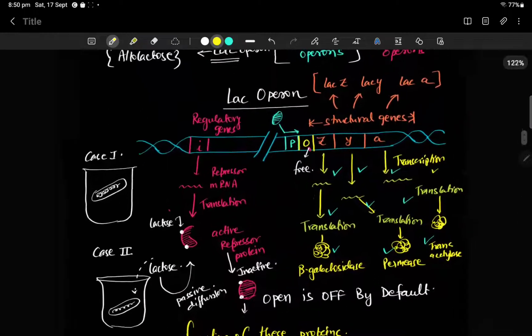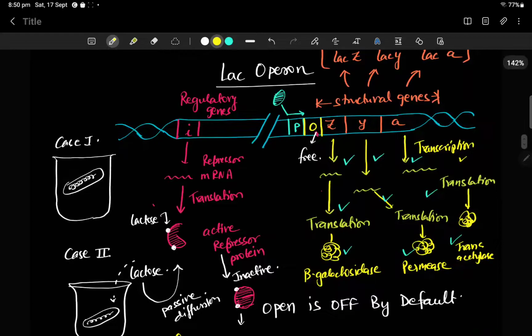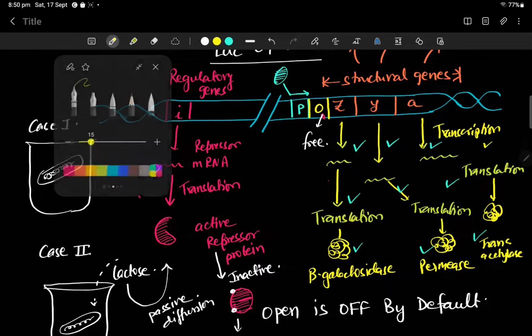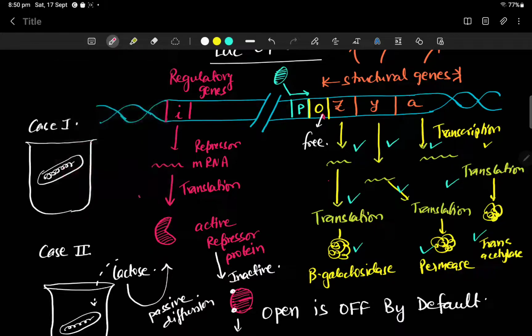And once the bacteria has metabolized all the lactose, what is going to happen? The lactose will be scarce in the medium, and it cannot go and bind to the repressor. So now the repressor becomes active again, and it will again go and block the operator.